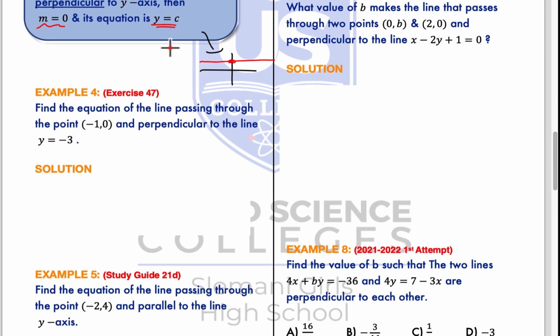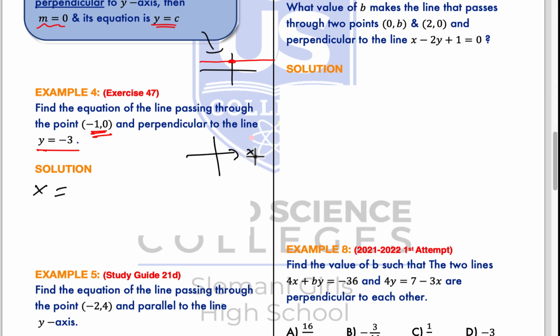Okay, let's take a look at some questions related to this information. Find the equation of the line passing through the point, this, and perpendicular to y equals something. If my line is parallel to y equals something, the other line is also y equals something. But if it's perpendicular, it's the opposite. It's going to be x equals something. X and y are perpendicular to each other, right?